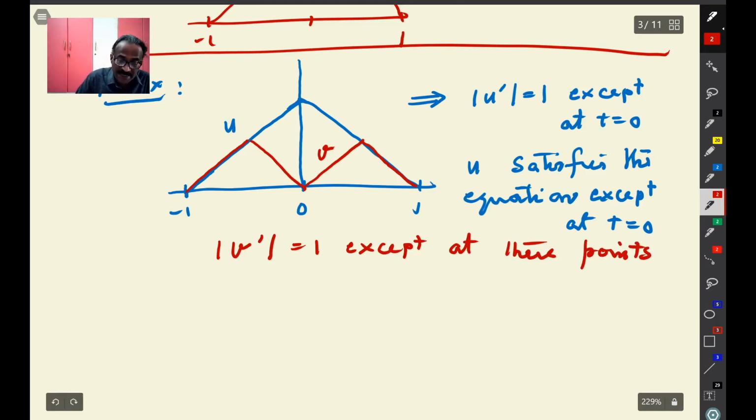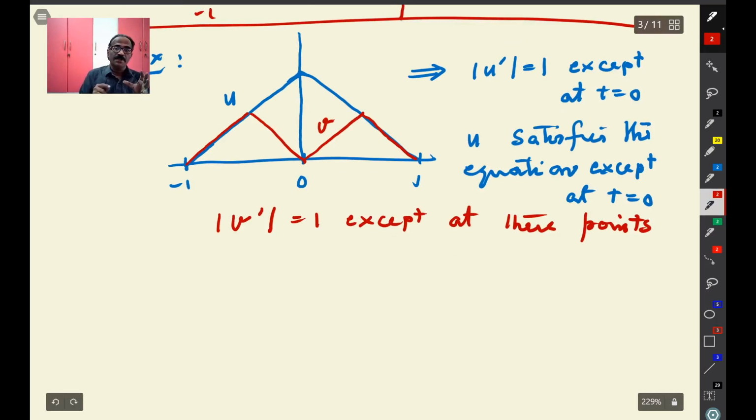So if I try to explain a solution, this u prime is definitely Lipschitz continuous, etc., which is going to come. If I relax my demand for a solution, so that the equation should be satisfied except at finitely many points, then I will get a large number of solutions.